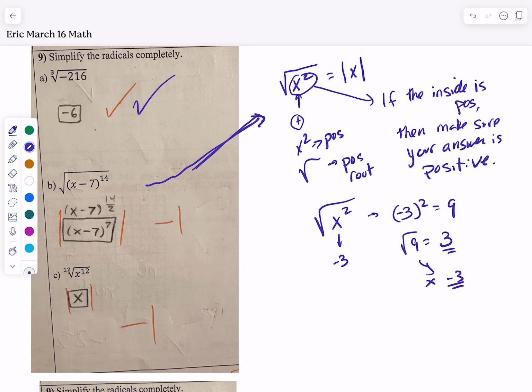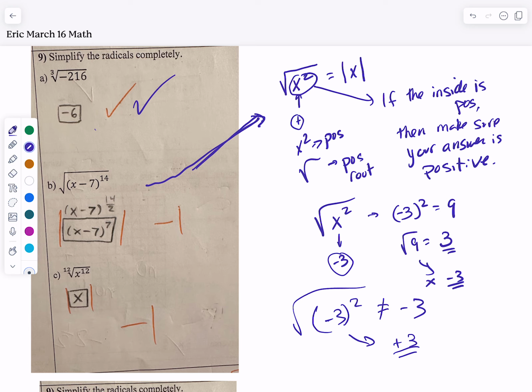It's legal to put this -3 inside here. You square it, and then the answer needs to come out 3, because the square root of -3 squared is not -3. If I take a -3 and square it and then take the square root, the answer is only +3.